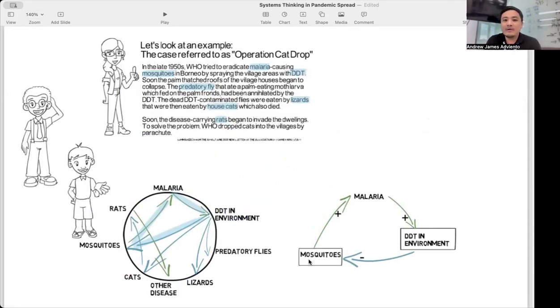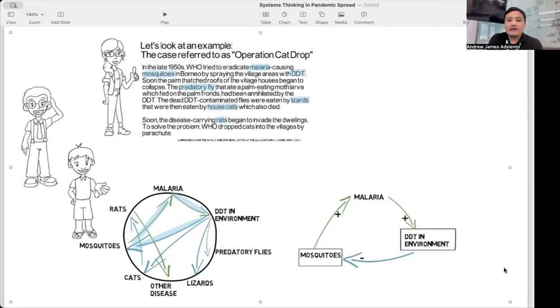But what happened, we know that instead of decreasing the malaria, it actually brought more disease through the rats there.